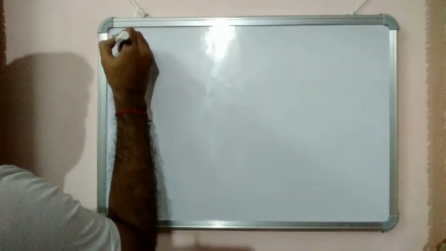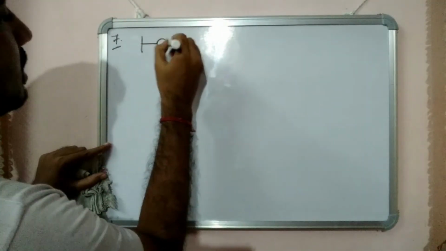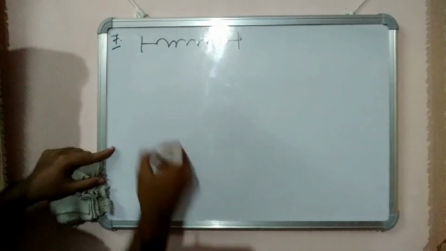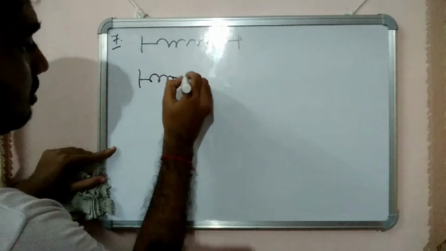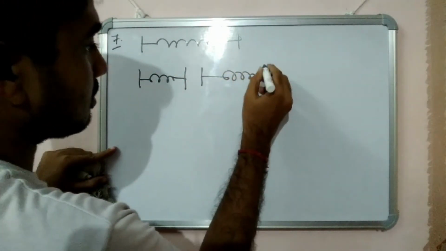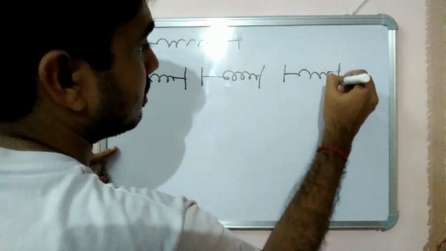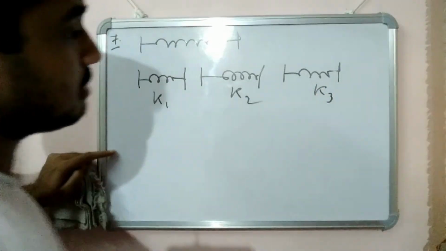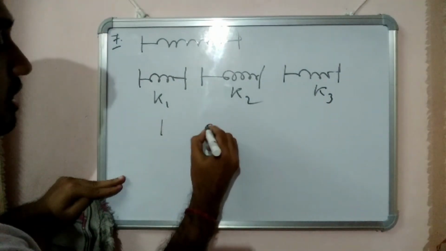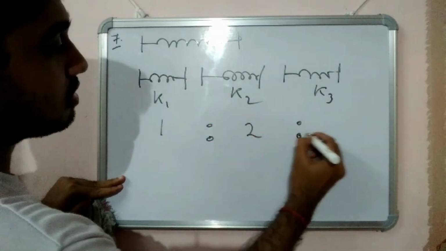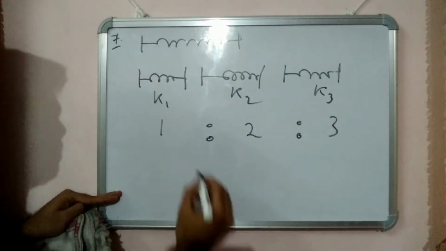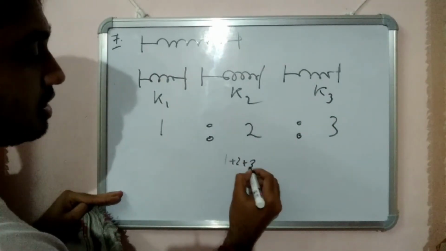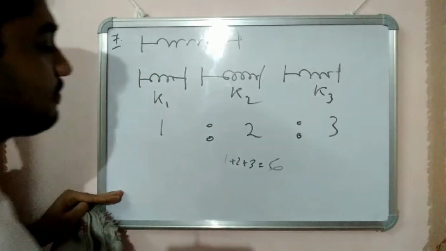And number 7, it is quite interesting. Why? Let's see. We have a spring, and it is cut like this into three parts with spring constants k1, k2 and k3 respectively, in the ratio 1:2:3, and the total 1 plus 2 plus 3 becomes 6.